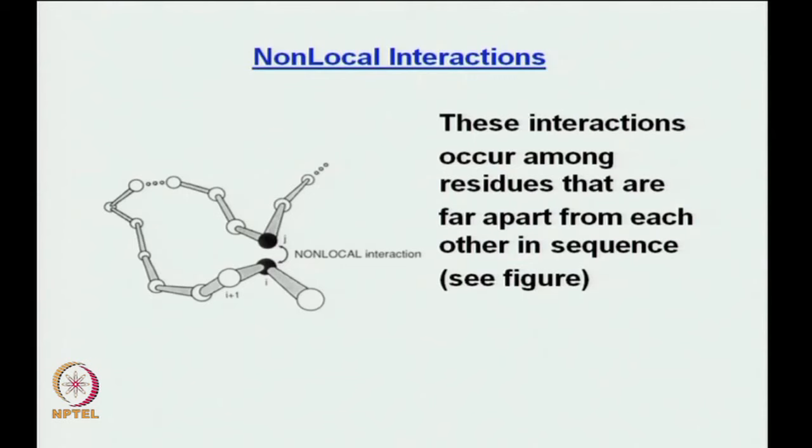So, why is this relevant? Think about this: when a protein folds, as you have seen in the last class and the class before that, if you have say 8 helices, it is not necessary that helix 1 always has to interact with helix 2.